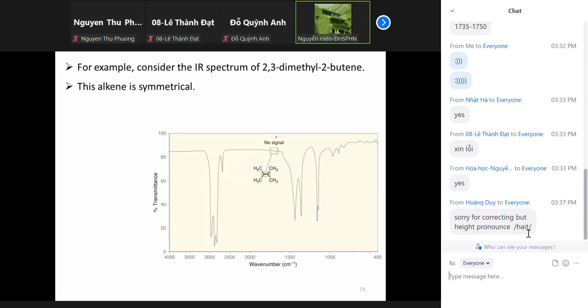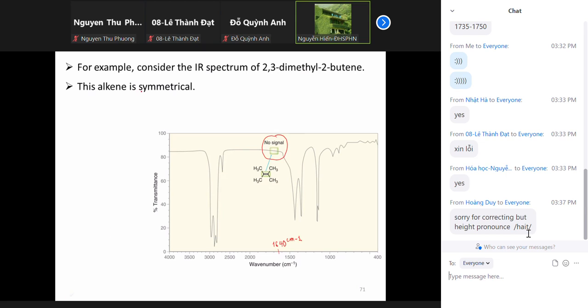nearly nothing in the region of 1,680 centimeters, nearly nothing. This is the range for the absorption wave number of the CC double bond. But you see here nearly nothing because of the small dipole moment of this structure.